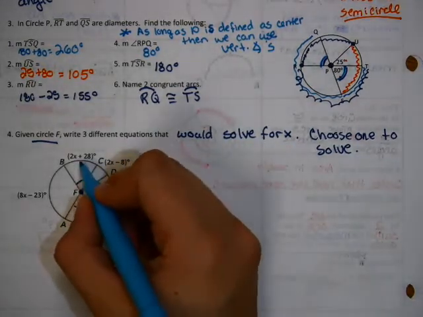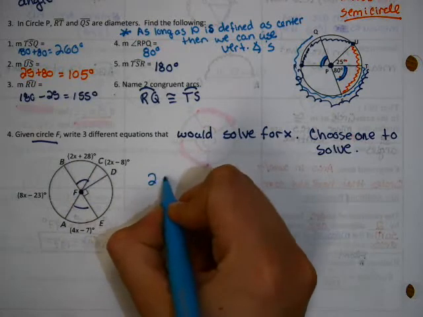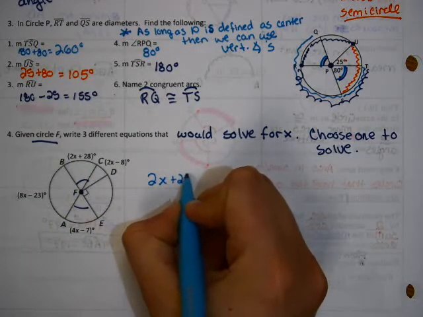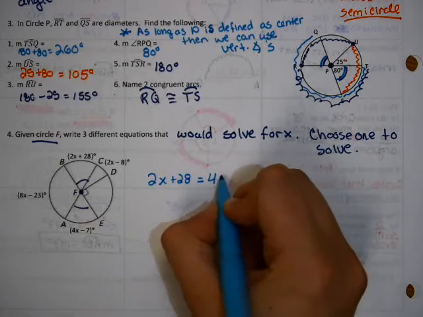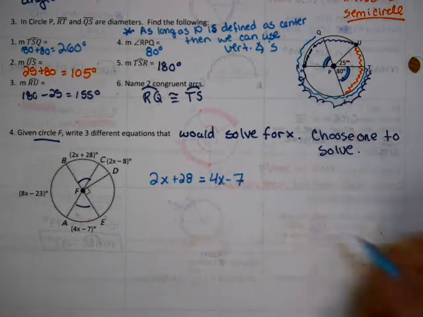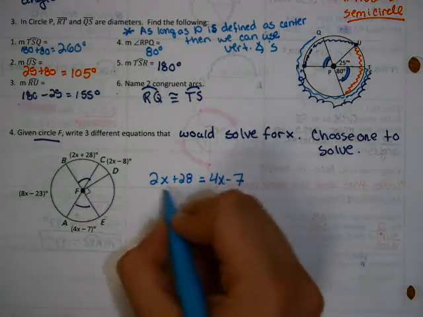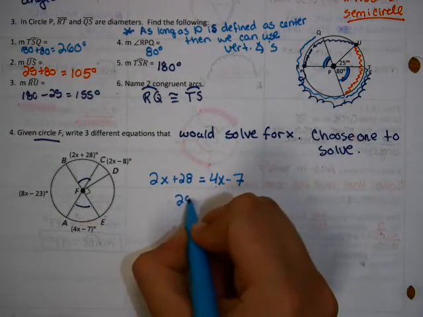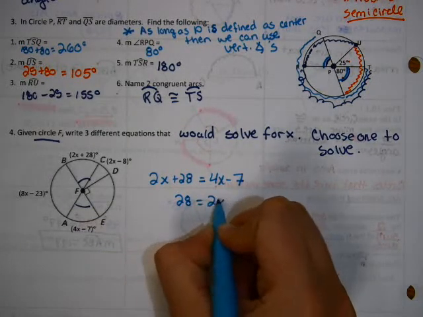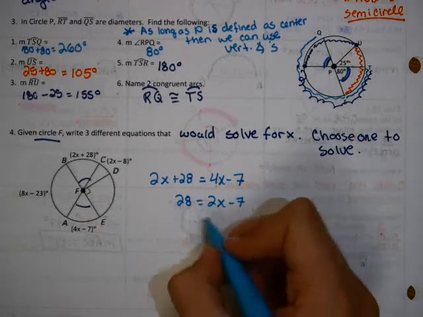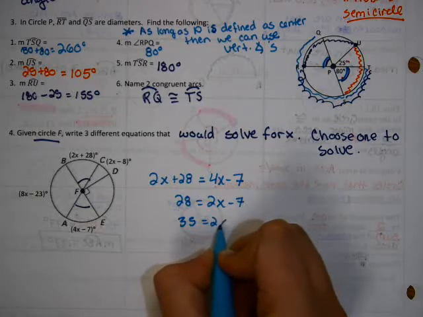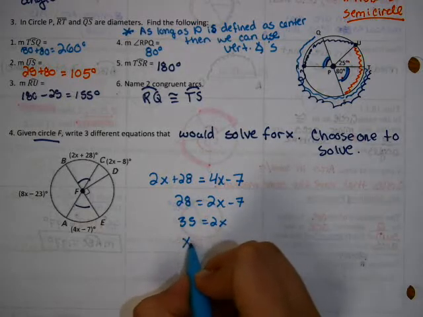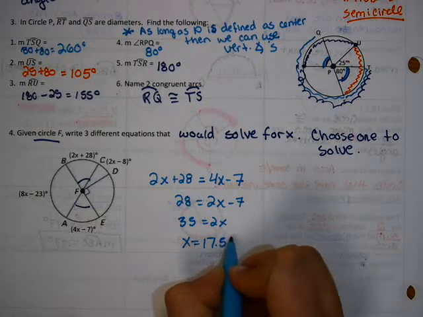So I'm going to set these 2 equations equal to each other: 2x plus 28 is equal to 4x minus 7. Let's solve this one. If I subtract 2x from both sides, I get 28 is equal to 2x minus 7. Add 7, I get 35 is equal to 2x. Divided by 2, x is equal to 17.5 degrees.